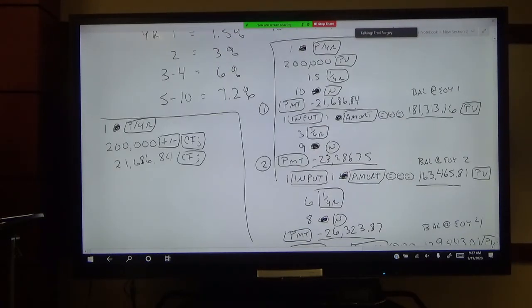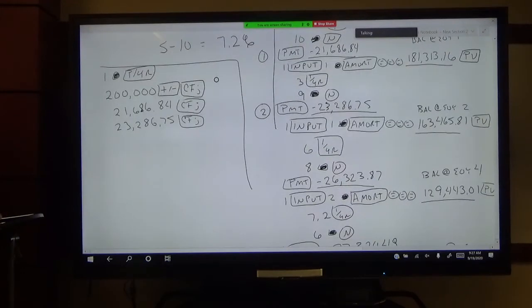Then they're going to receive $23,286.75. Then they're going to receive $26,323.87. Now we could just put that in twice, or we could put the 2 shift in sub j. Either way is fine. We're just going to put it in twice.